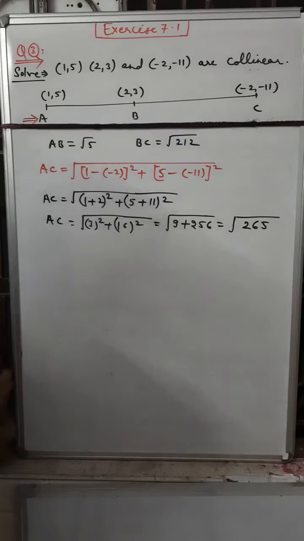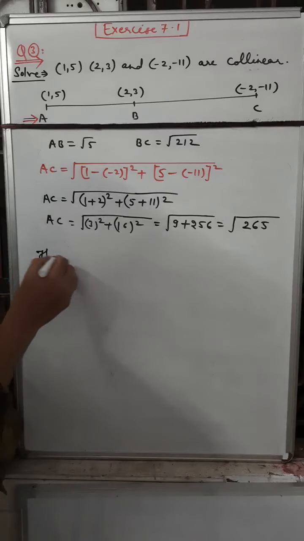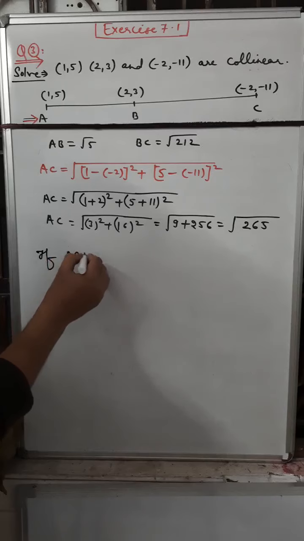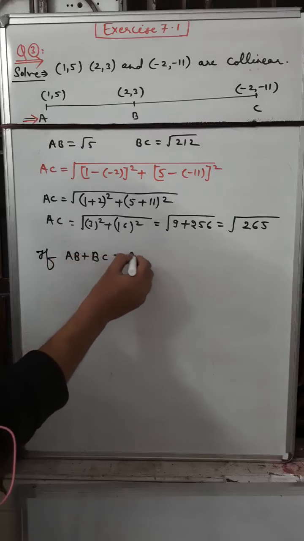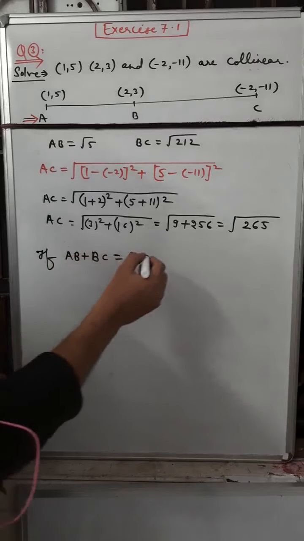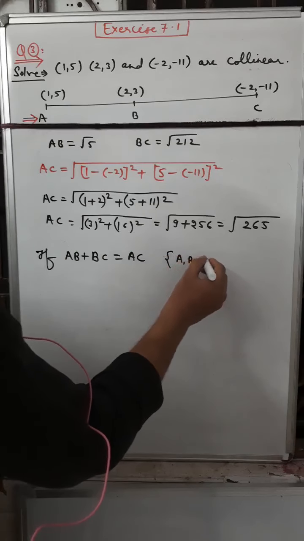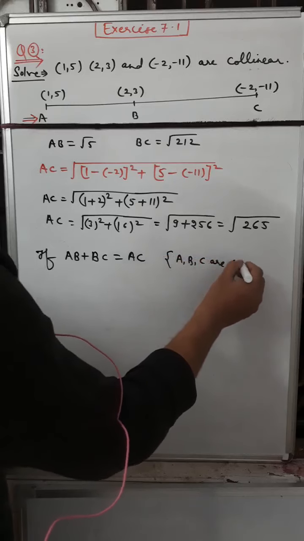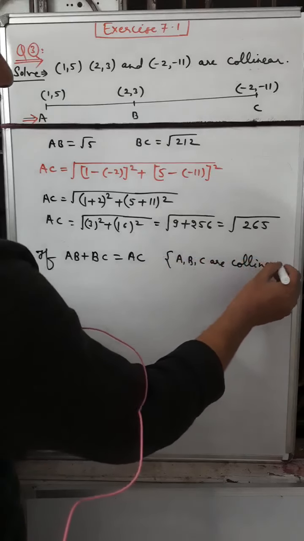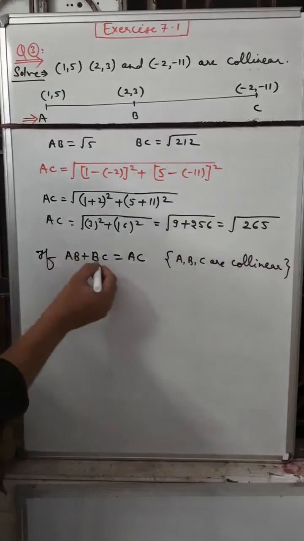So if the sum of two parts of a straight line, that means if AB plus BC is equal to AC, so definitely A, B, C are collinear. Otherwise they are not collinear. So put the value here, AB plus BC.